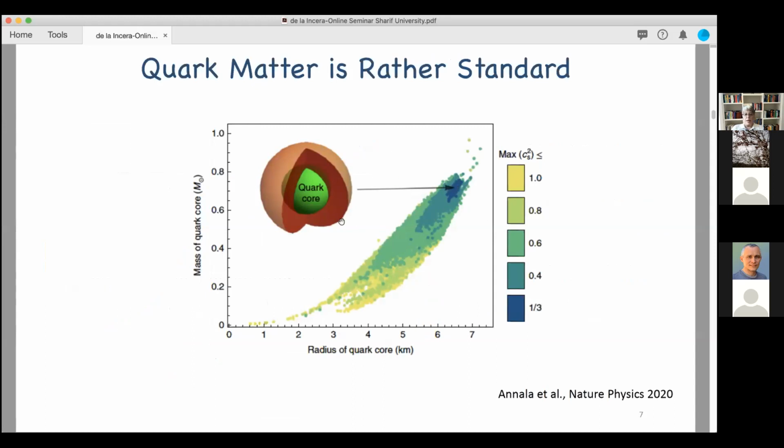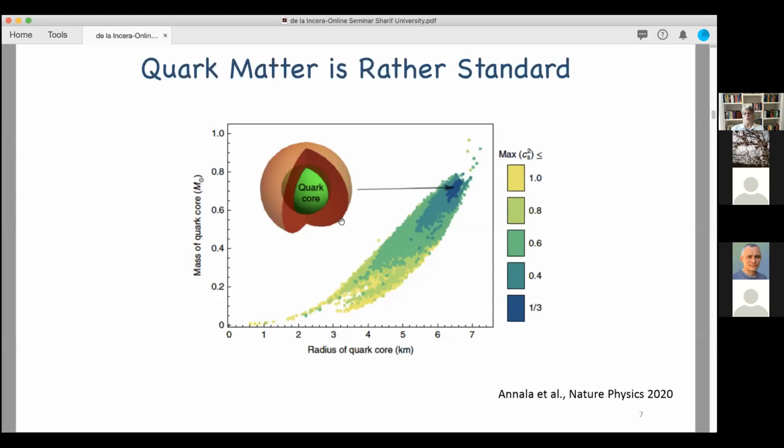So the conclusion of this paper is that quark matter is actually not an exotic thing, but rather standard. And that is an argument in favor of what I was saying, that there might be stars with quark matter in the core.